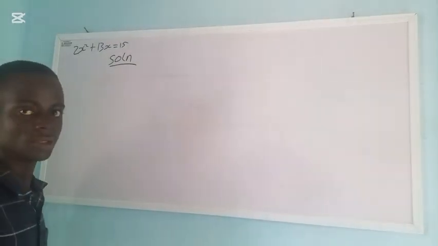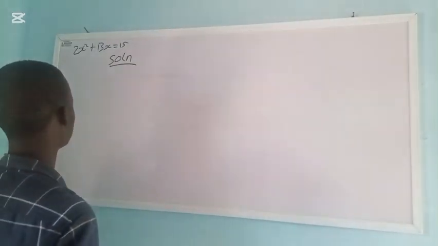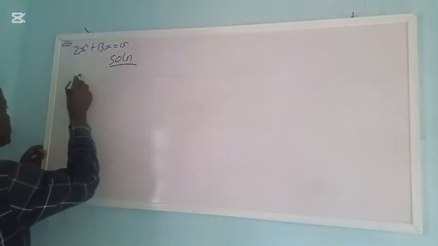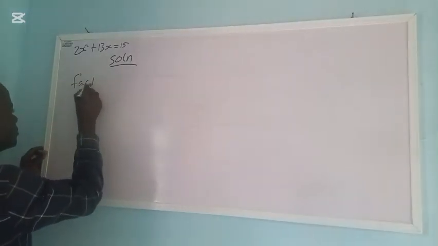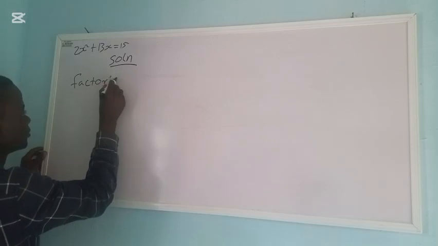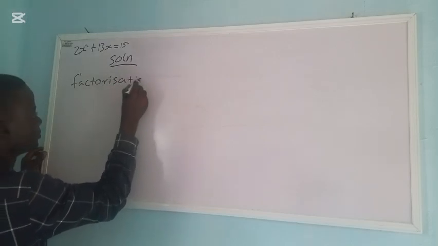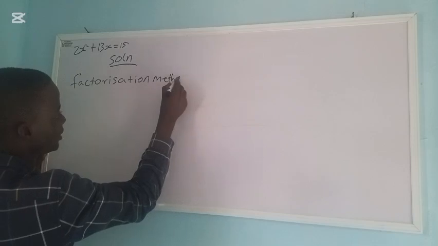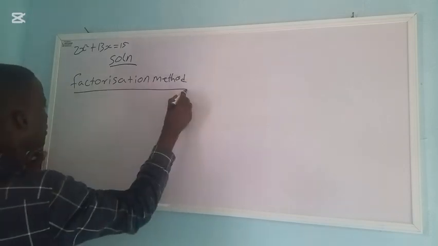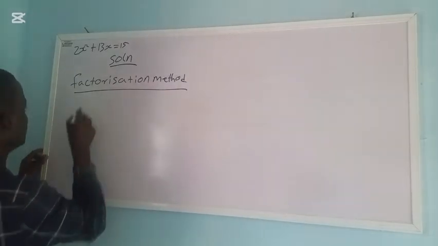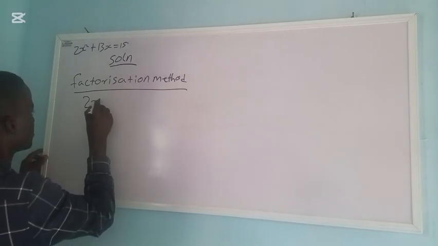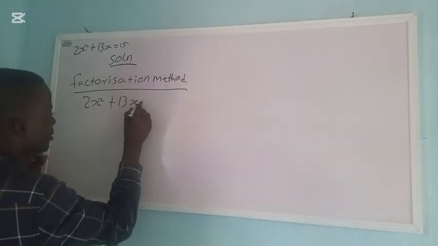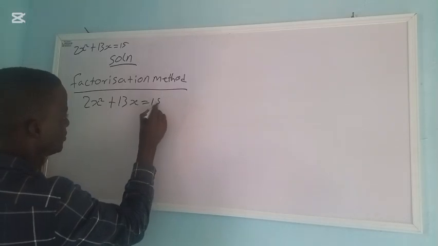Solution. Now let's use the factorization method first. We have 2x squared plus 13x is equal to 15.